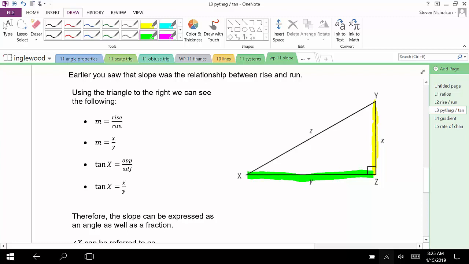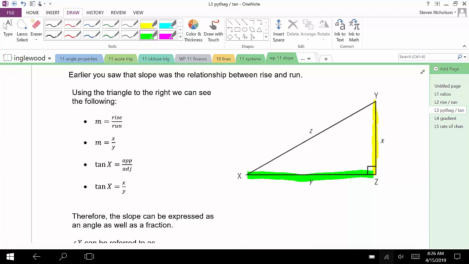So we can use a slope relationship to determine the steepness of the hypotenuse, and we could also look at it in a different way.